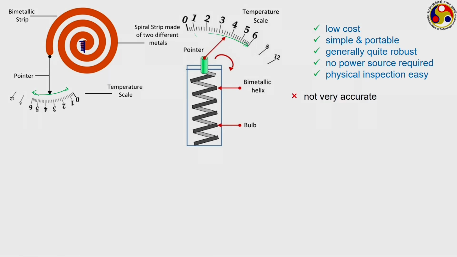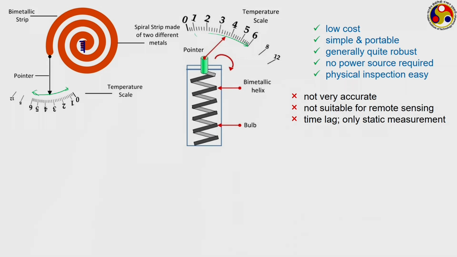But the problem is they are not the most accurate, and they are not suitable for remote sensing. You need to take the scale or thermometer in contact with the surface where you want the temperature measurement; it can't give you a measurement from some distance. Time lag is there because the pointer needs some time to settle down at a particular location, as the expansion or bending itself may take some time.